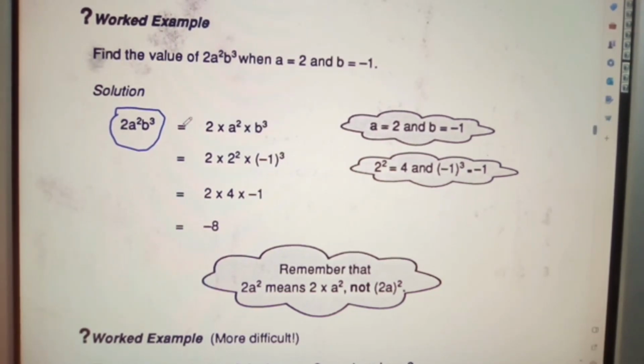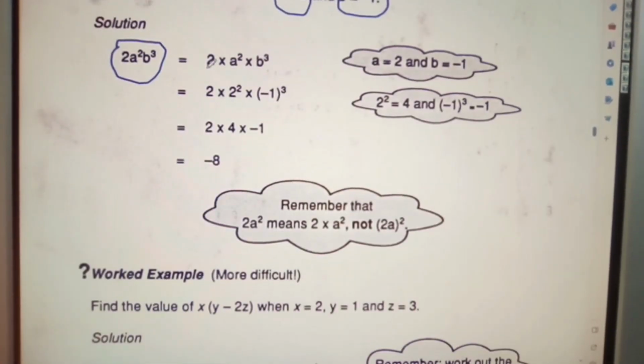Okay, so you then have 2 times a squared times b cubed. We know what a equals. a equals 2, okay? And b equals -1, because it tells us here. Let's extract a little bit of information here, okay? And again here we have a little bit of information that tells us what we're looking at and doing, okay?